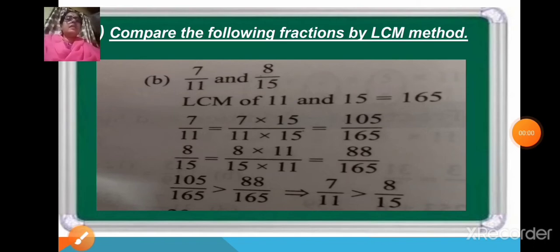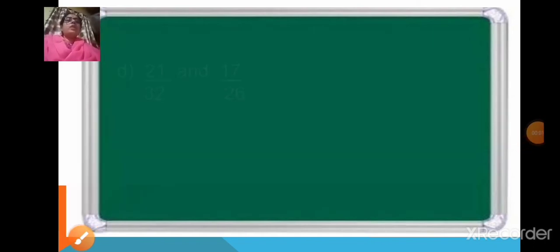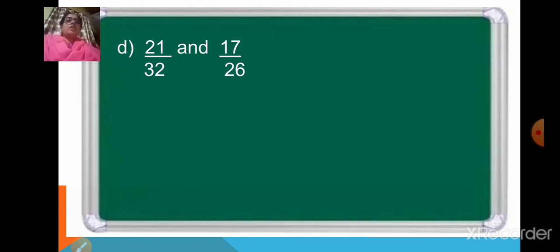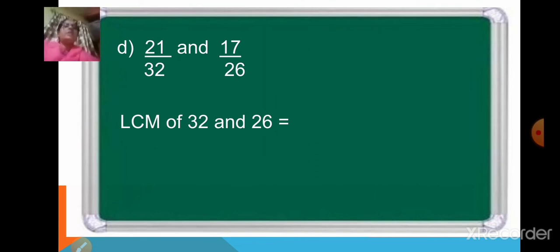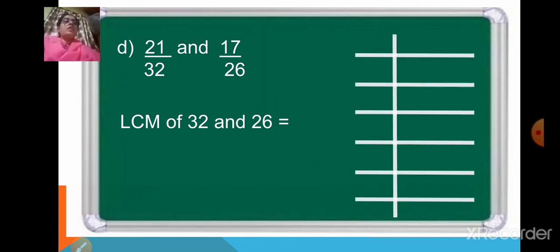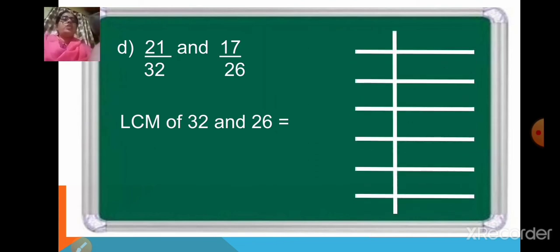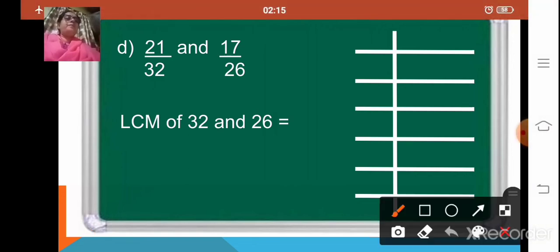Coming to the next sum, 21 upon 32 and 17 upon 26. So the first step is, you will find the LCM of 32 and 26. So let us find the LCM first of 32 and 26. So I'll write the number here, 32 and 26.